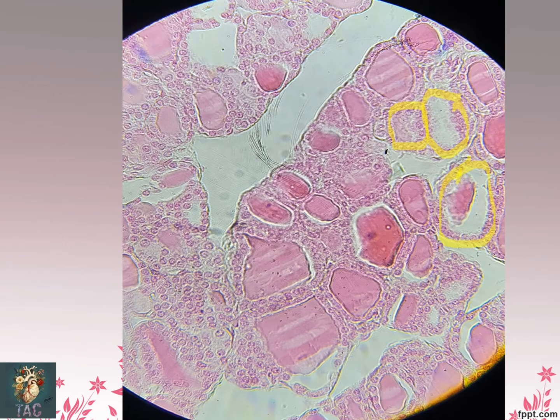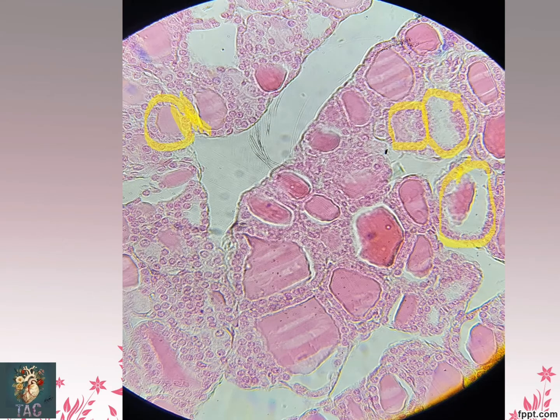cuboidal epithelium. In the center of this follicle you can see the colloid is present. So these all are the different follicles which are lined by the simple cuboidal epithelium. Again, please remember, some of the students may get confused.